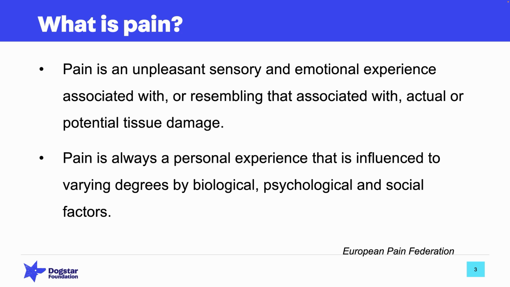Pain can be classified as acute or chronic. Definitions of acute and chronic pain can vary. Acute pain is seen as a useful survival mechanism that serves a protective and healing function. Acute pain typically has a clear cause, such as an injury or surgery, and resolves as the underlying cause heals.